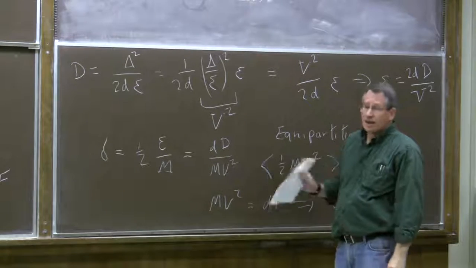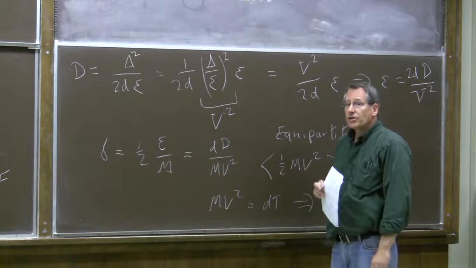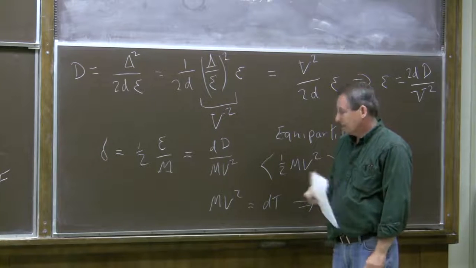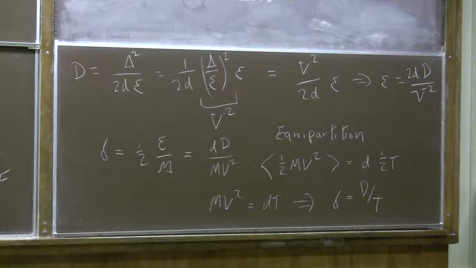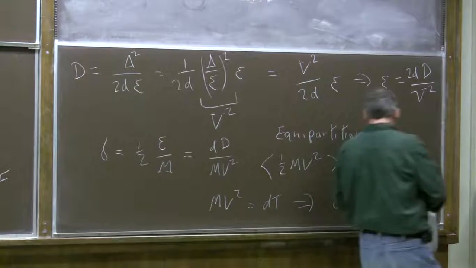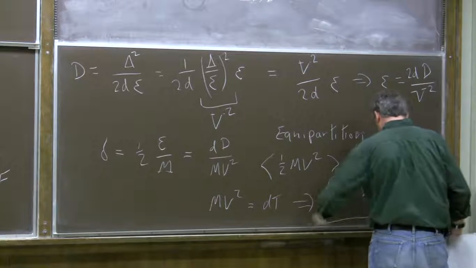And so I'm just going to take the average kinetic energy of the diffusing particle in this estimate. Okay. So that's the Einstein relation again.